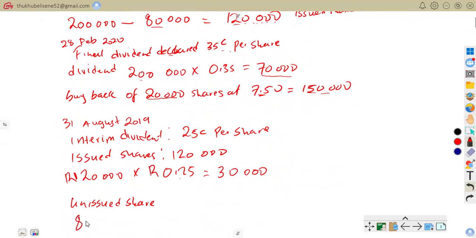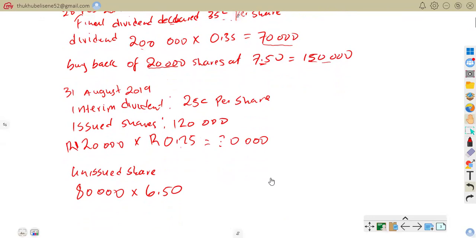So we are going to say 80,000 because we are told that all unissued shares were now issued at 6 rand 50 per share. So here we are.